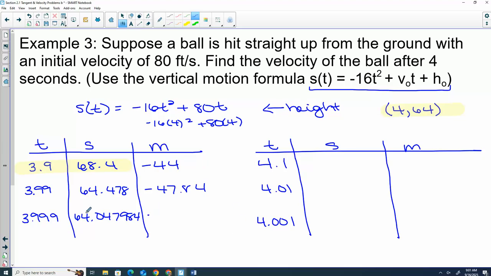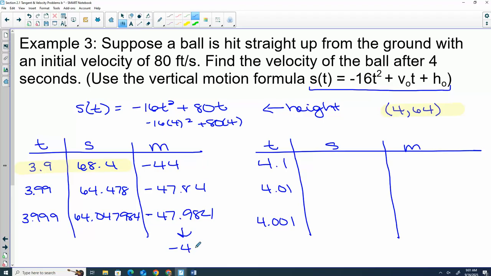So you're doing the 64.047984 minus 64 over 3.999 minus 4. Maybe misprint or something. What'd you get this time? Negative 47.94. Okay. What does it look like these might be approaching?